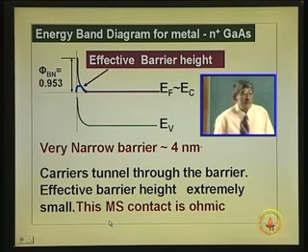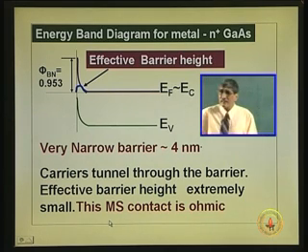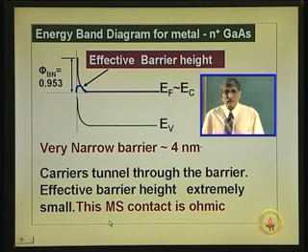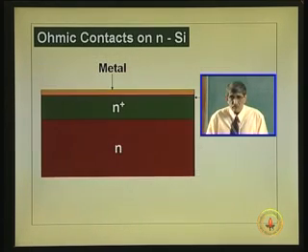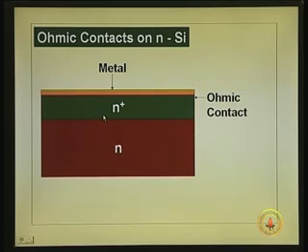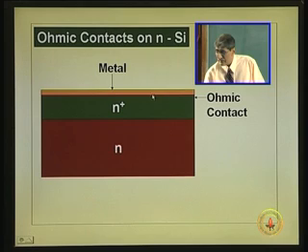When the effective barrier height is very small, immediately you can say this is an ohmic contact. So, if you want to make an ohmic contact, take an n type substrate, make the surface n plus, and put the metal on top of that. So, n plus n is of course the extension of the n layer, and the barrier which you are concerned with between these two, if you reduce it, that becomes an ohmic contact.